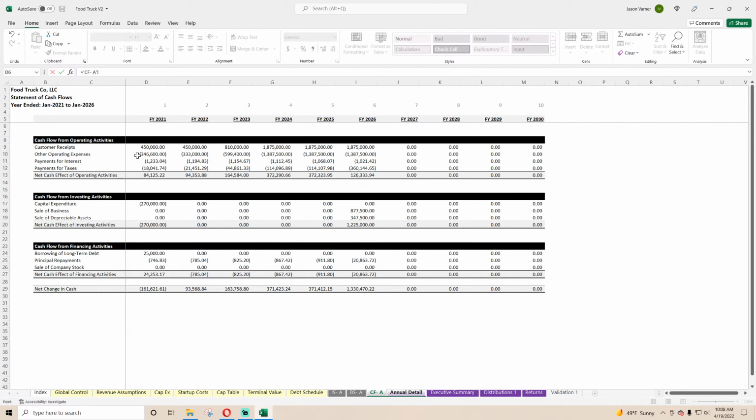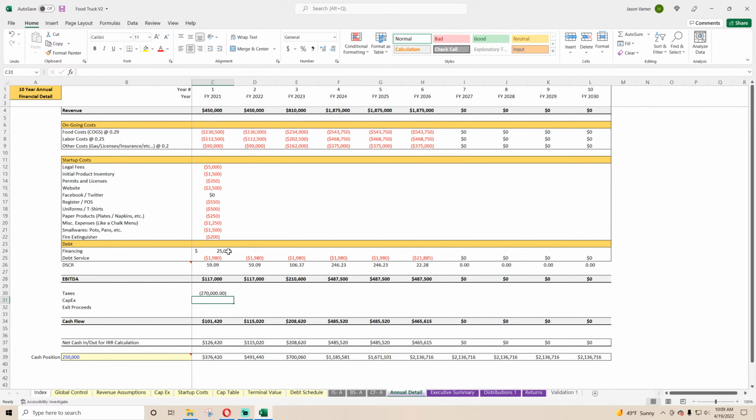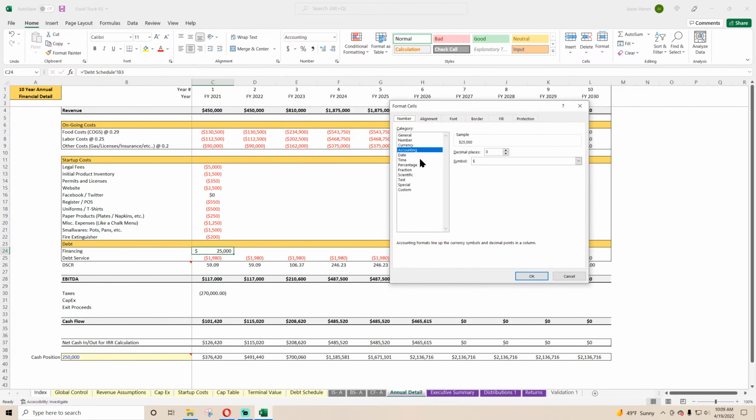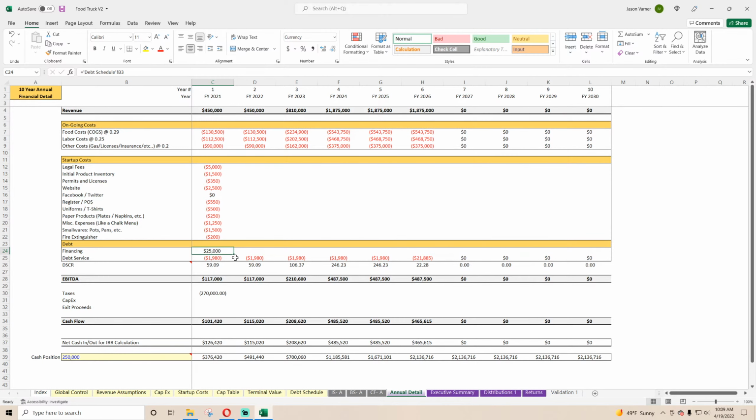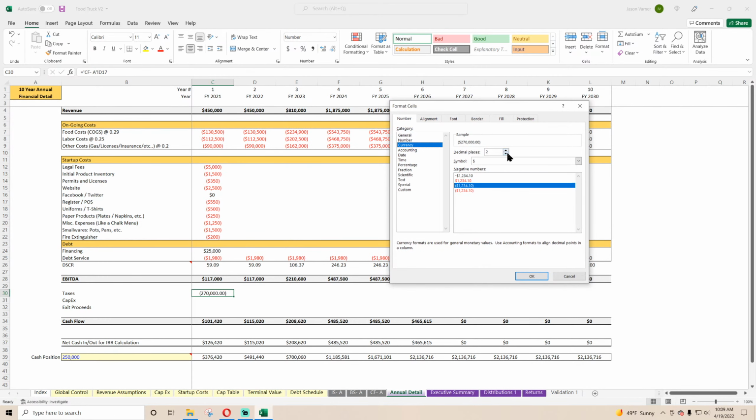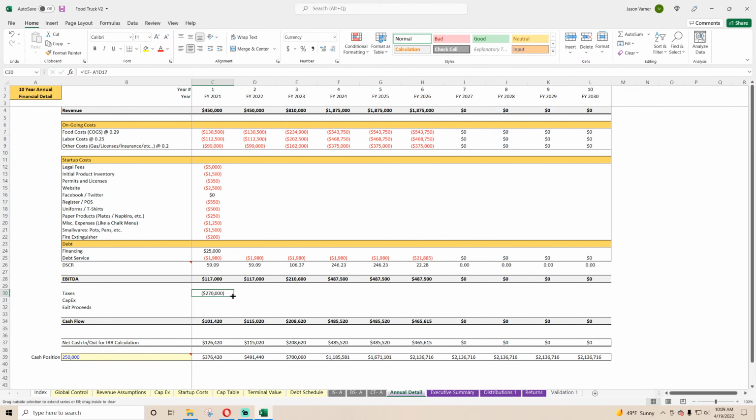Taxes, we have that in there, this is in there, that's in there. CapEx, and that'll be in there. And borrowing money, that's okay, we're good to go. Format all these the same.